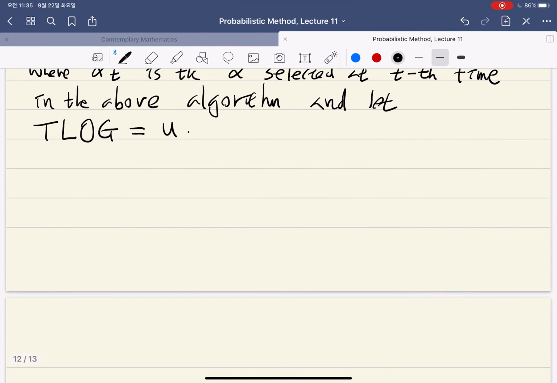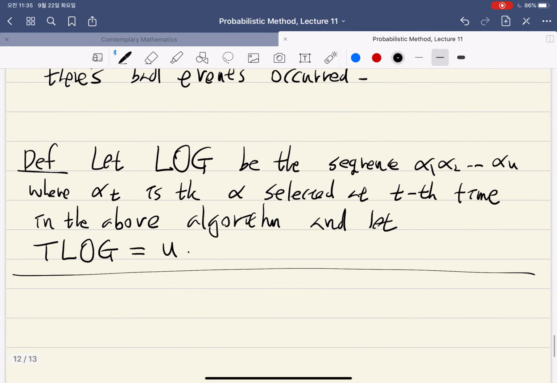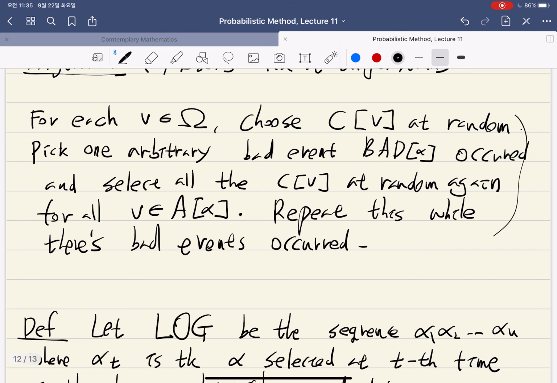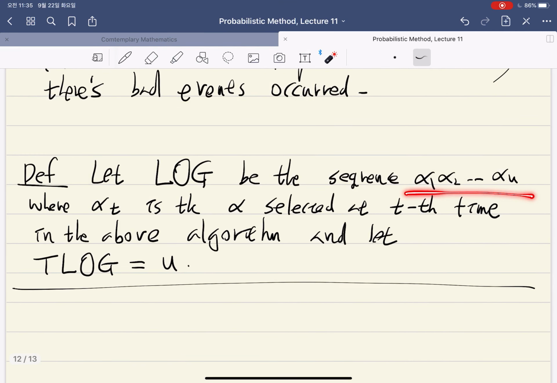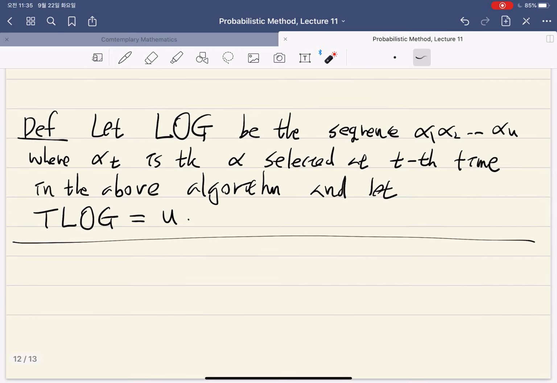So now what we want to do is, once we apply this algorithm, we will get this log. And we want to bound the probability that a specific log is obtained. So we want to show that this log is likely to have a short, bounded length.